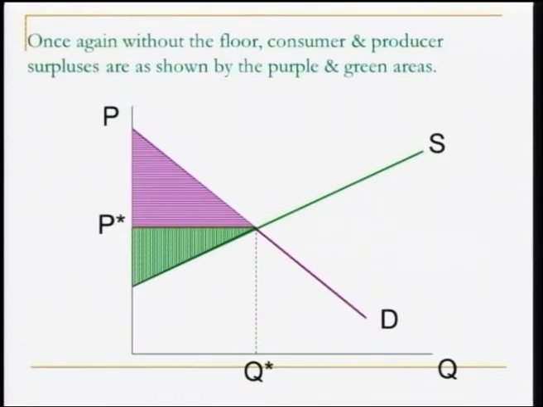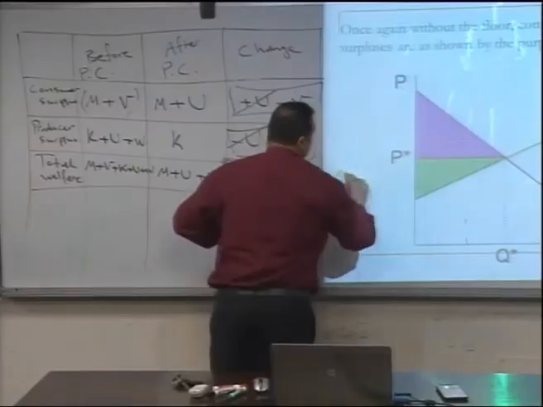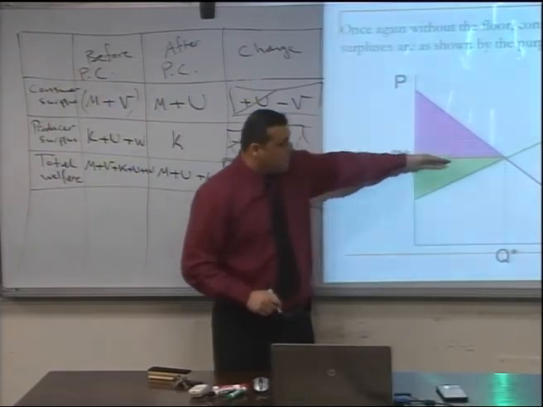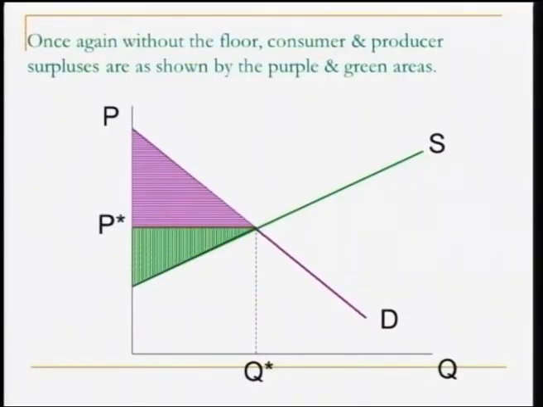Let's go to the price floor and the effect of the price floor policy on the social welfare. This is the original situation, and this is the consumer surplus and the producer surplus under the social efficiency, or the equilibrium.